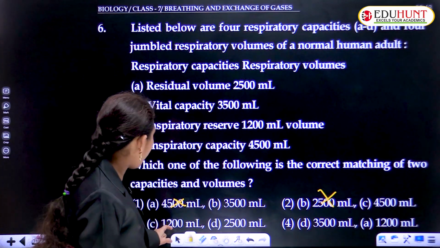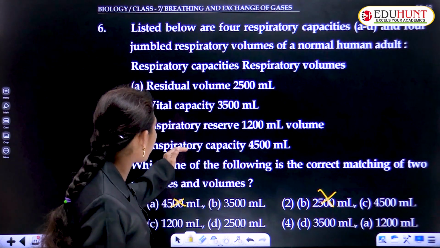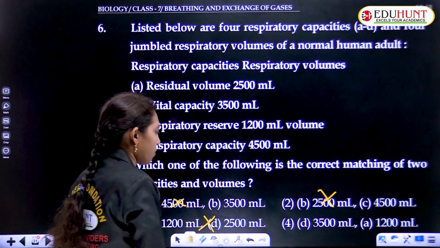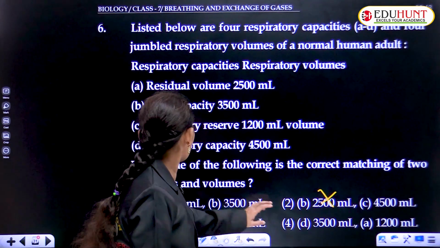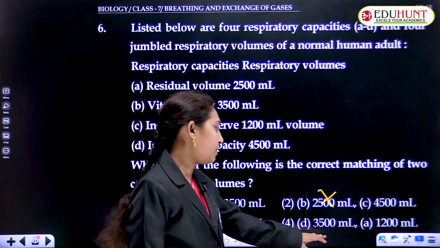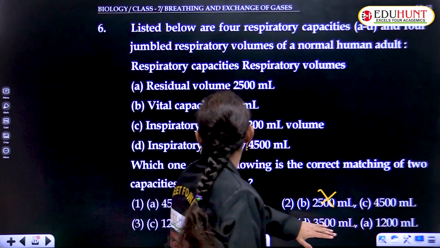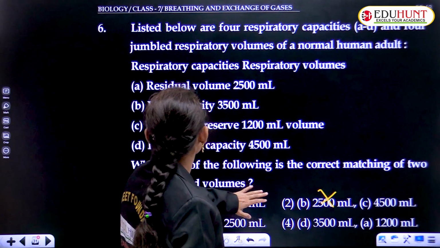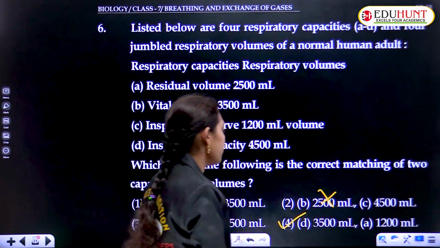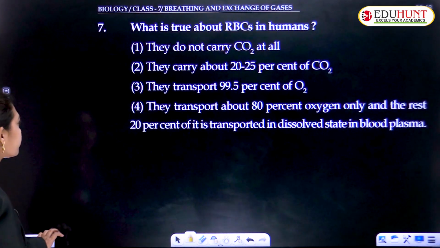And 1200 ml for inspiratory reserve volume is also a wrong answer. So inspiratory capacity is 3500 ml and residual volume is 1200 ml. This is the correct matching.